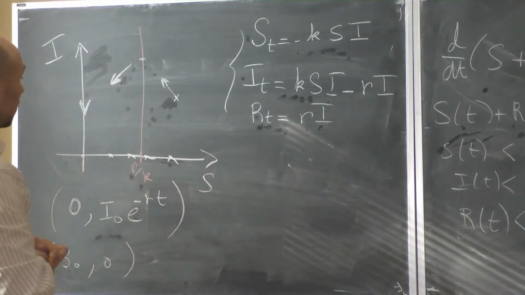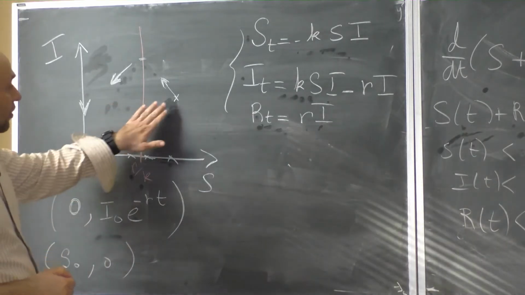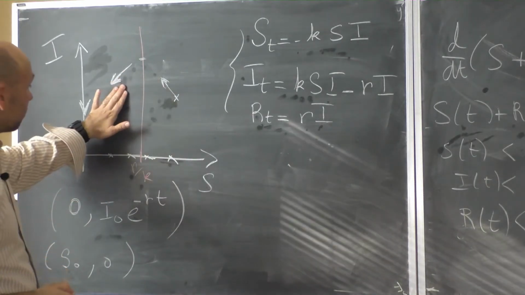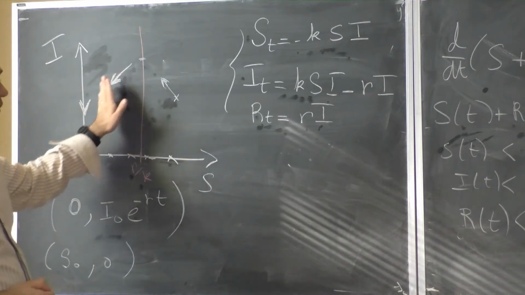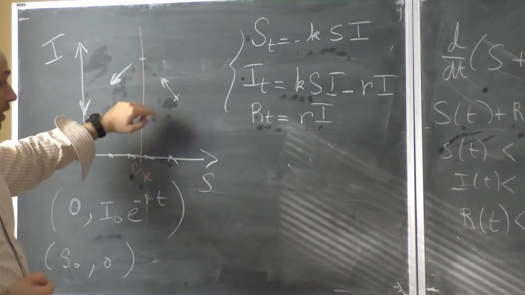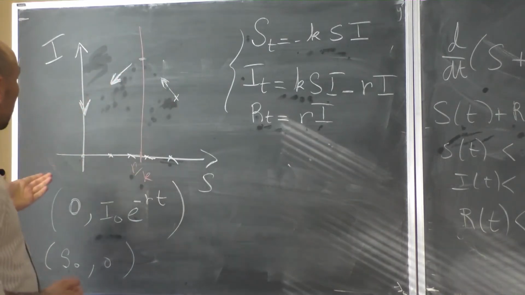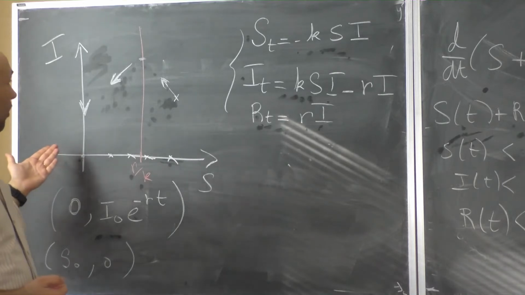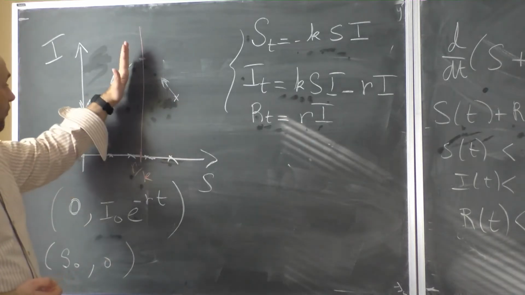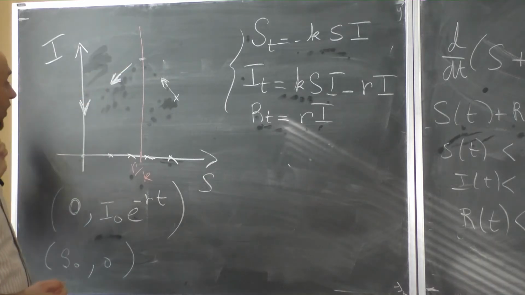But now it is well known that for such a trajectory, you cannot have a limit cycle here, because S of t is always decreasing. So the only choice is that my trajectory here goes to a fixed point.